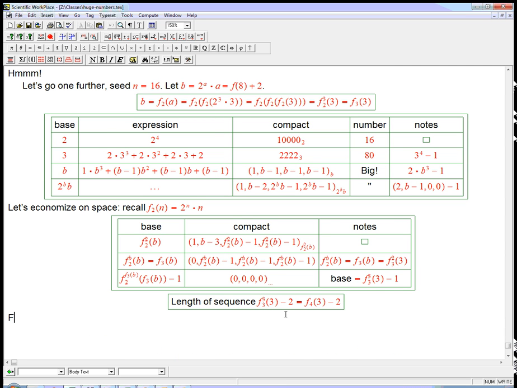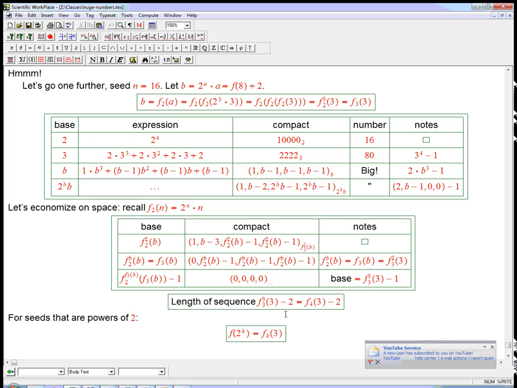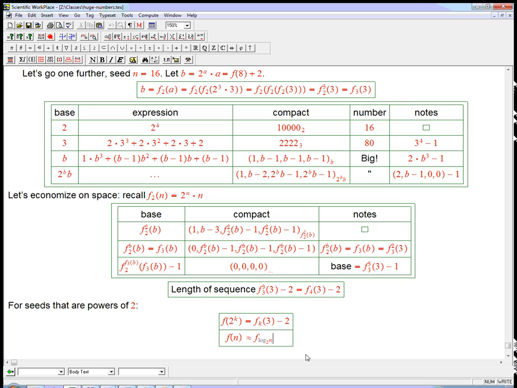Okay. So at least for seeds that are powers of 2, and hopefully those are going to be representative, and they are, then we get f of 2 to the k. Our length of sequence Goodstein function is just the kth function in the fast-growing hierarchy applied to 3 and then subtract 2. Or in other words, f of n is going to be, let's say roughly, because we only did it for these special values, f sub log 2 of n.